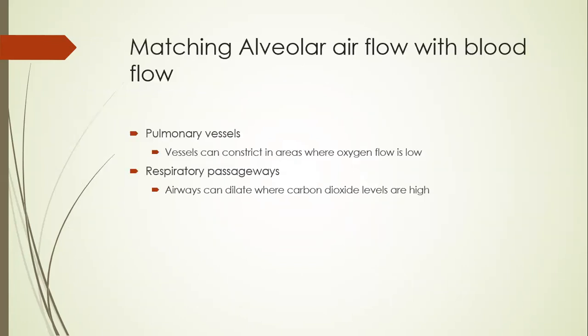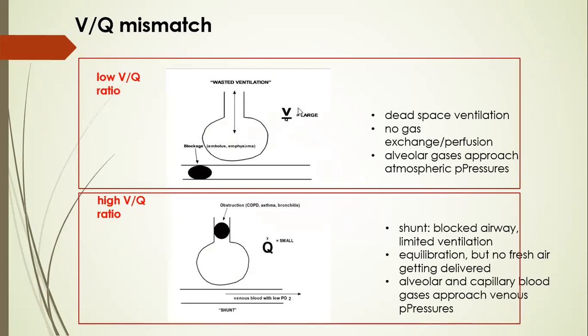So what I wanted to show you is in the individual alveoli, what would happen in a small alveoli if you are to decrease ventilation or if you are to decrease perfusion?